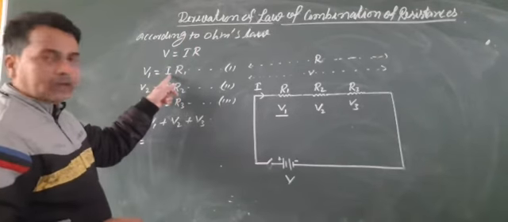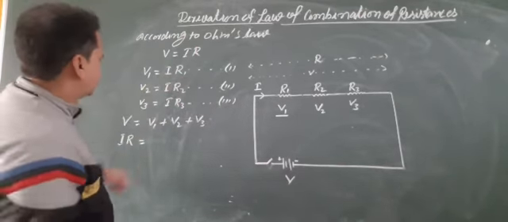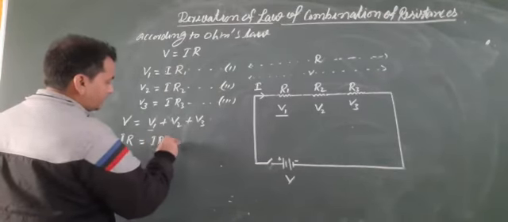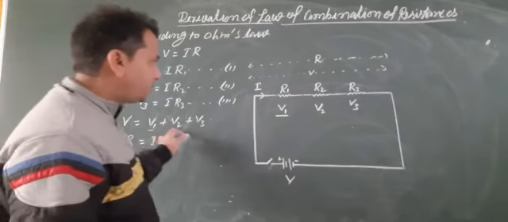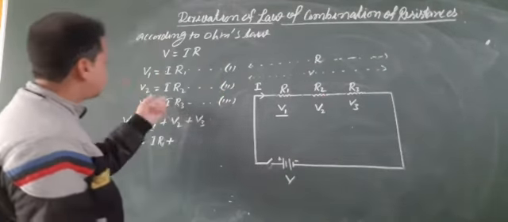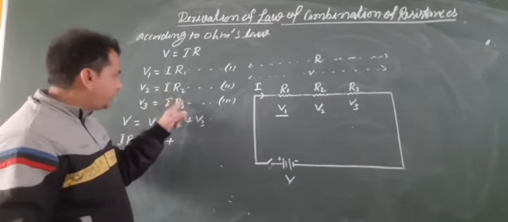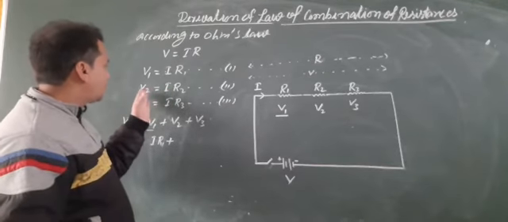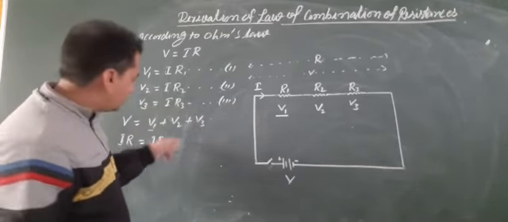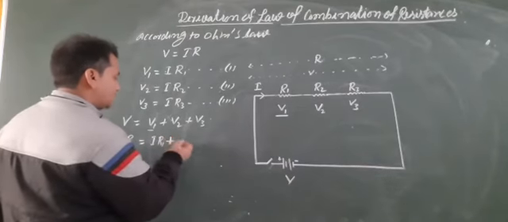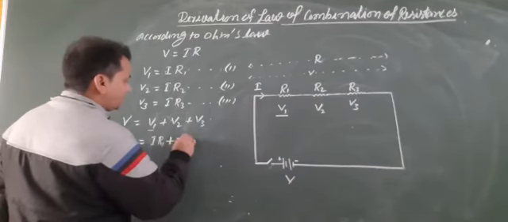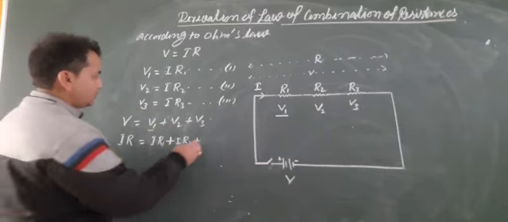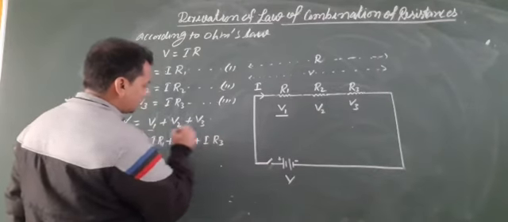The potential difference V2 on the resistor R2 is the total current I times R2, so V2 equals I into R2. And here the value of V3 equals I into R3.